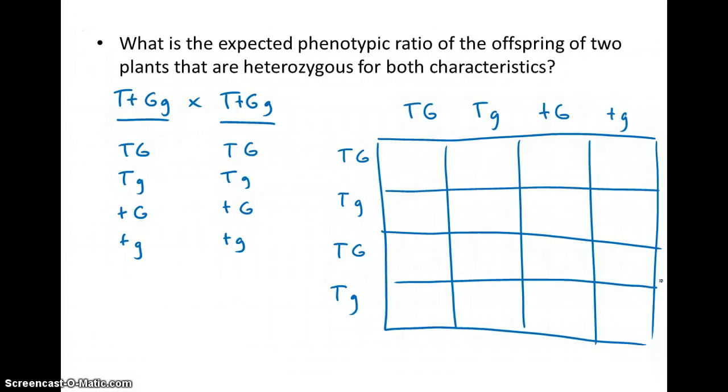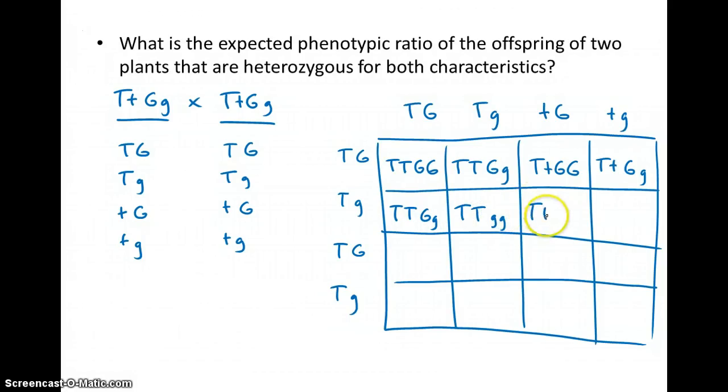Okay, now that I have that laid out, let's combine these gametes to see what kind of possible zygotes could result. Notice how I'm writing the genotypes: the alleles for the characteristics that are the same are written together, and they're written with the dominant allele first.